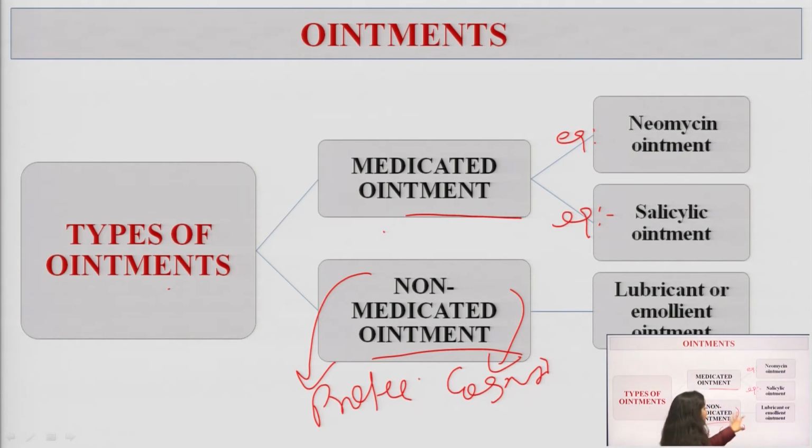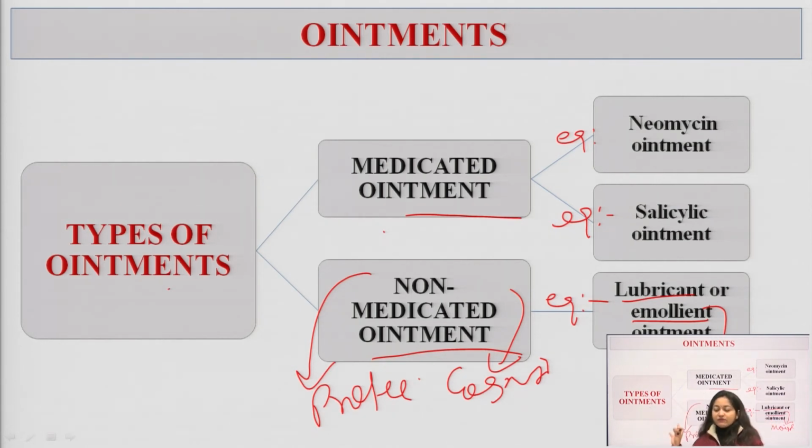Now, examples of non-medicated ointment: I have just said non-medicated purposes can be cosmetic or protective. Here the example is lubricant ointment or emollient ointment. Emollient is a sort of moisturizer. Preventing dehydration of the skin is the major function of emollient-type ointment.